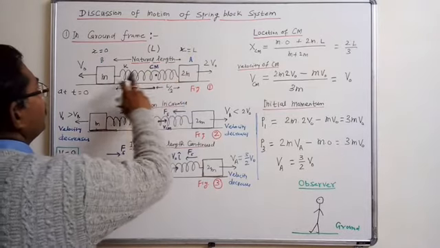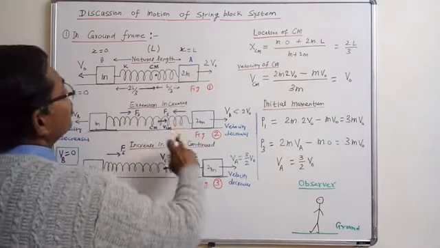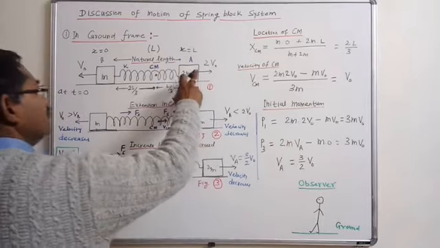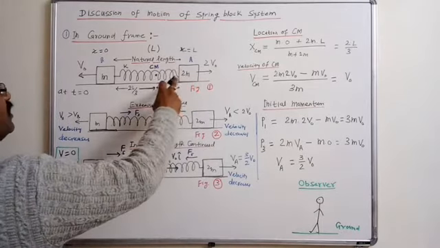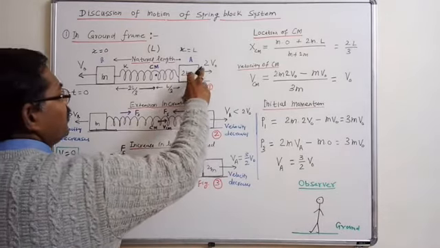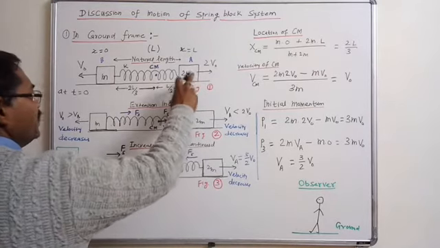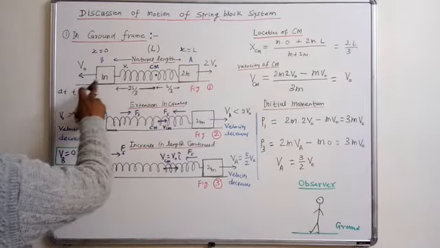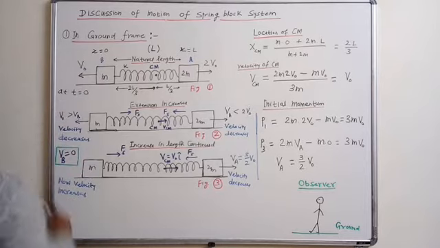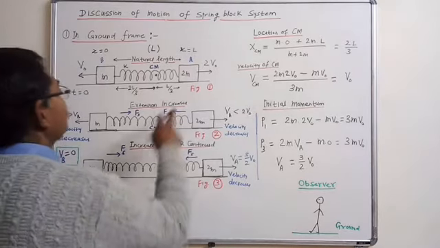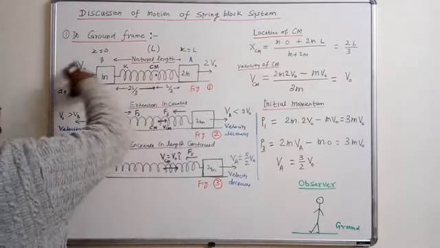In this case, spring is at natural length and two impulses are given. 2v velocity is given to this block at this state, and v naught velocity is given in leftward direction to this block. So first I will analyze this situation.